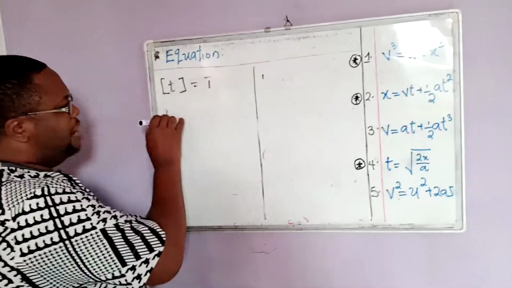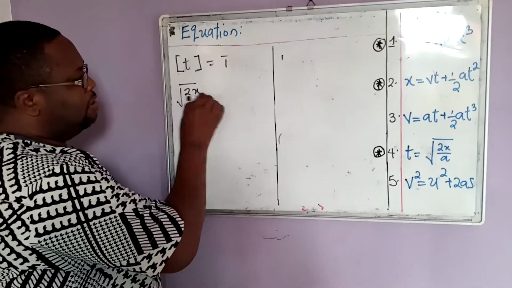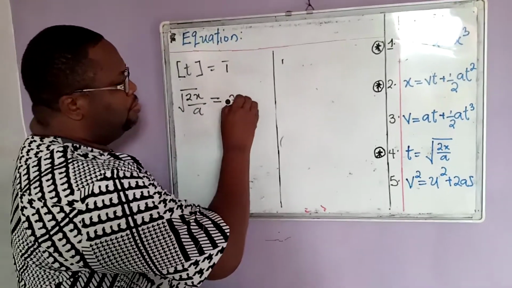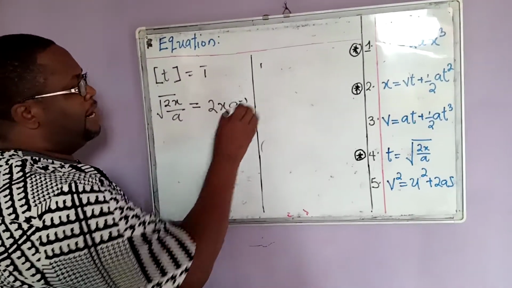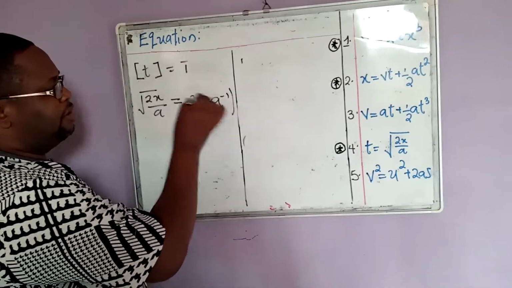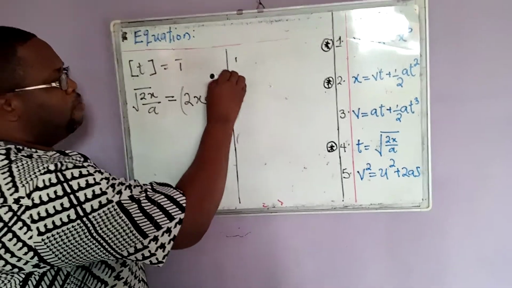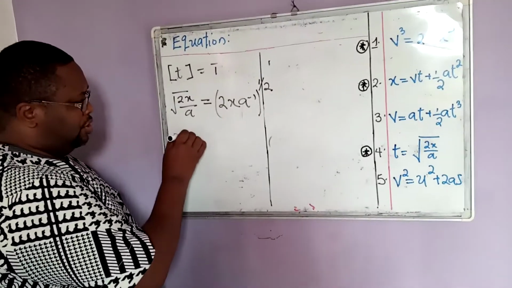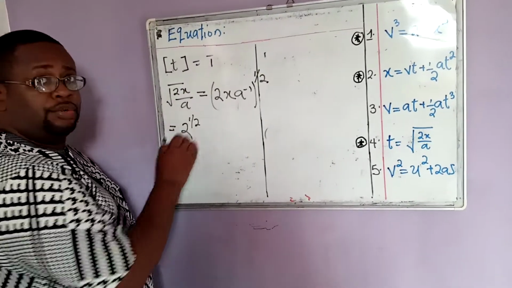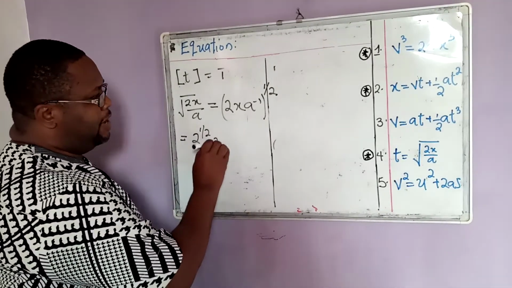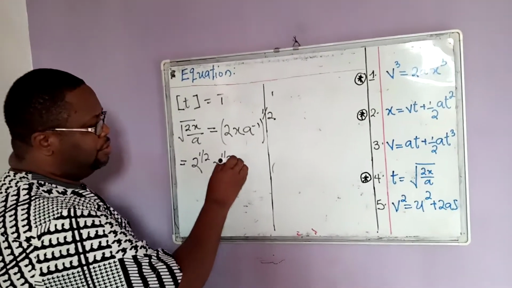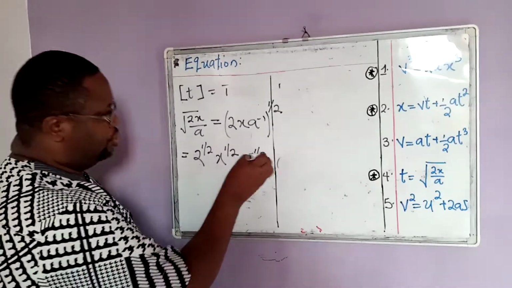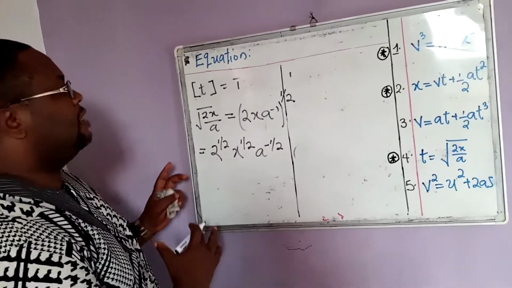The square root of 2x over a becomes (2x a^-1) all raised to the power of 1/2, because the a comes up and becomes minus 1. So this becomes 2^(1/2), then x^(1/2), then a^(-1/2). Of course, on my left hand side, I have t.